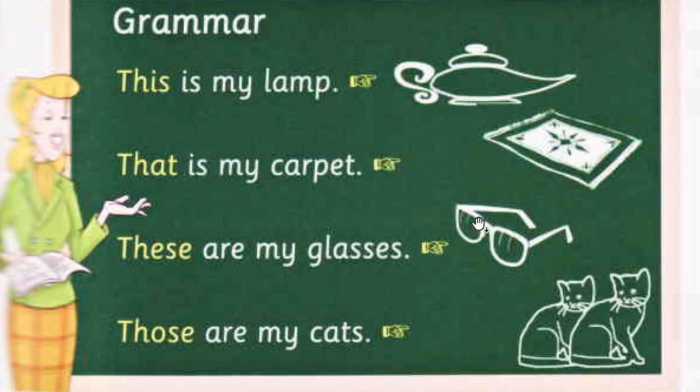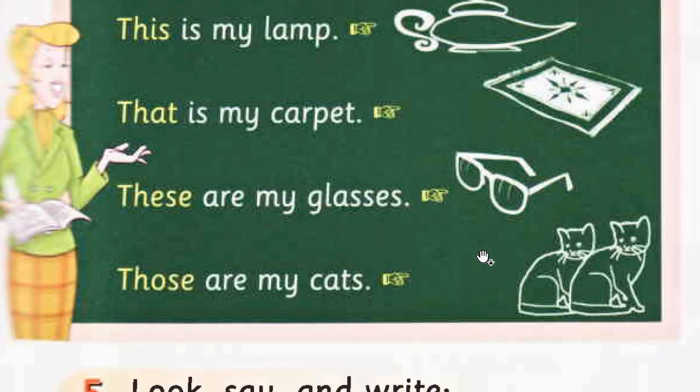This is not singular, so we use these, plural, because you've got two parts and they join together like trousers, and these are called plural nouns. So here these is used when you have plural objects, more than one, and they are close.